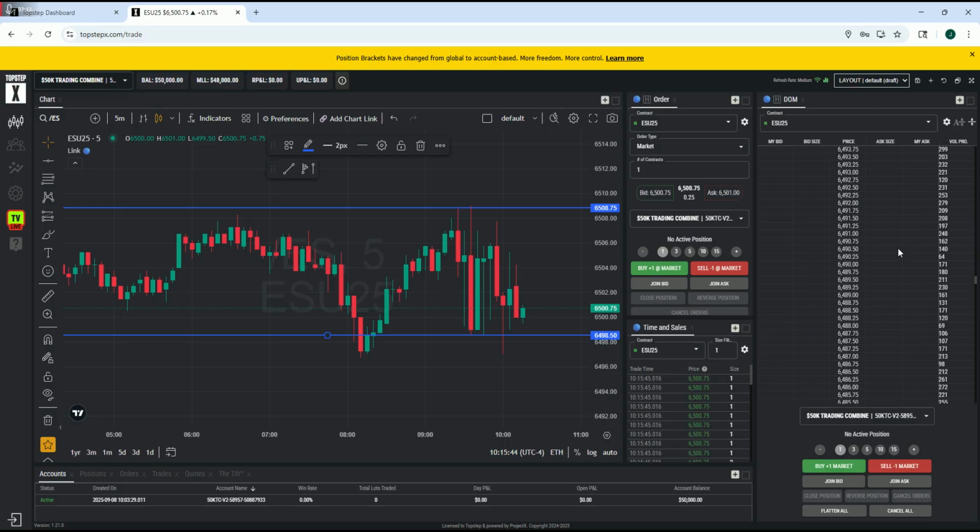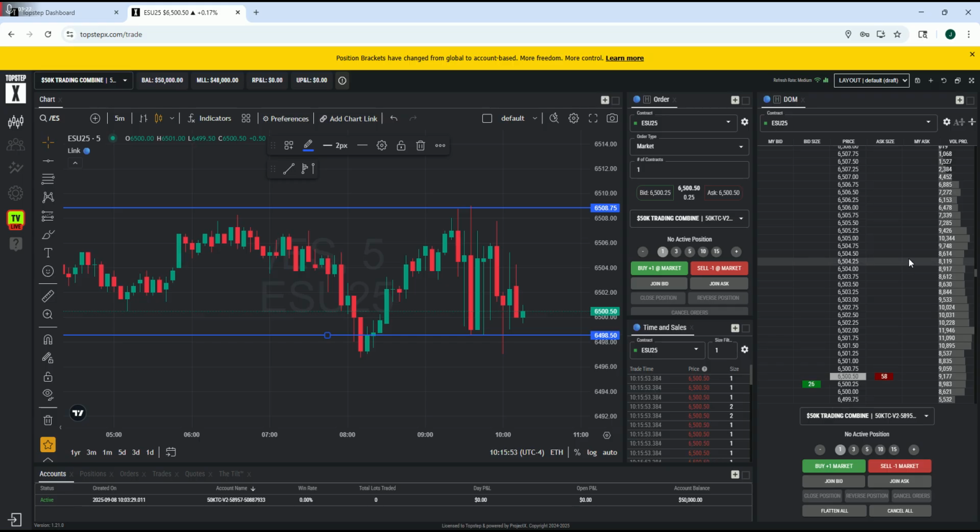Although this might have overnight activity in it. I don't know if this is just the day session, the RTH session, or everything since yesterday.